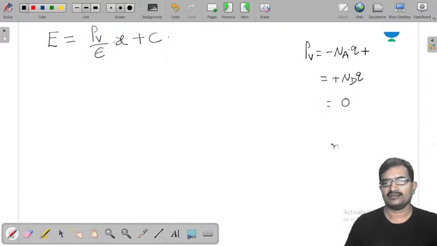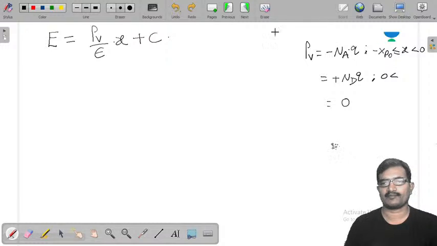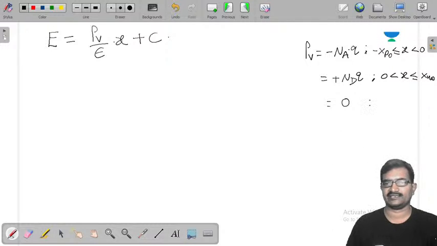This is the case for x greater than or equal to minus xp naught and less than 0, and in the region 0 to xn naught it is Nd into Q, and 0 elsewhere.